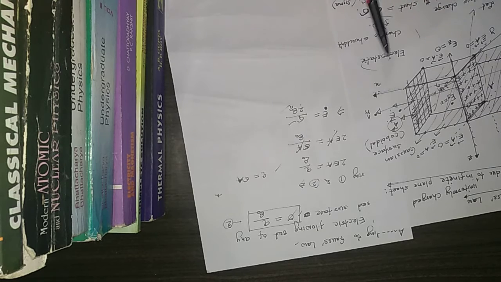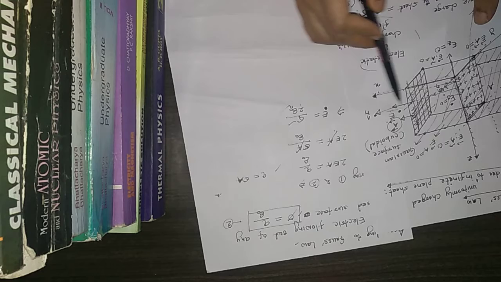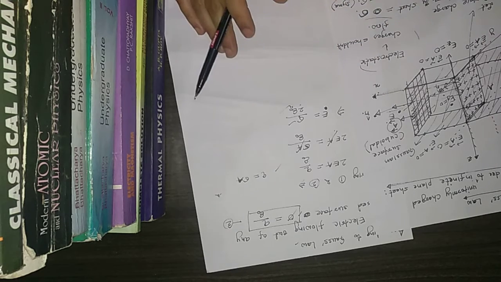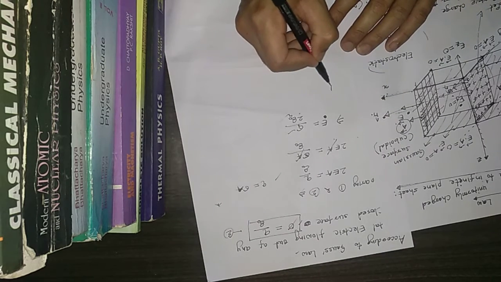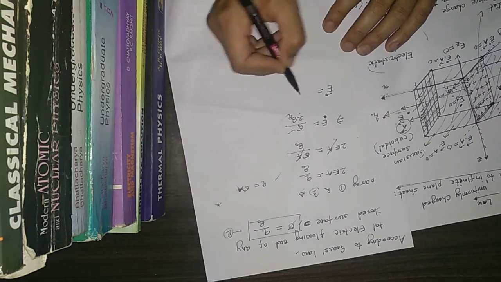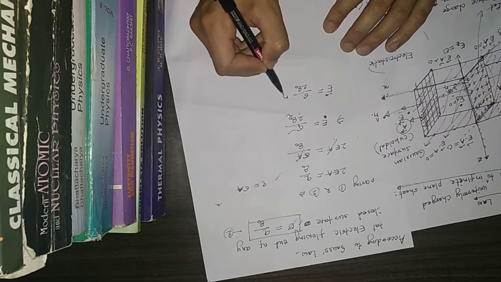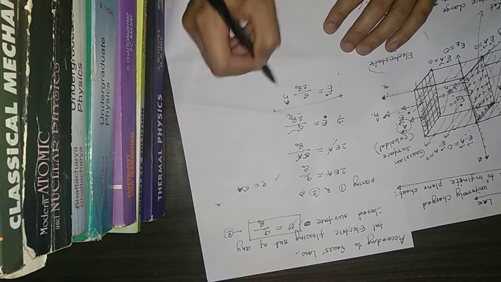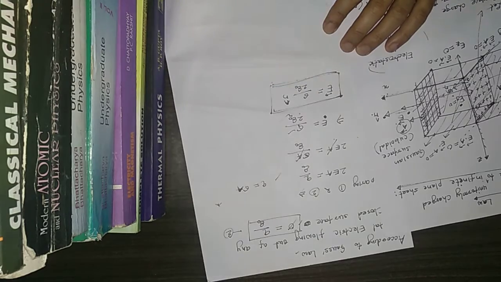The value of the electric field will be constant everywhere along this normal direction, and at every point normal to the plane sheet it always remains constant. Hence the electric field due to an infinite plane sheet will be E equals sigma divided by 2 epsilon 0 n cap. So this is the electric field due to an infinite plane sheet, sigma by 2 epsilon 0.